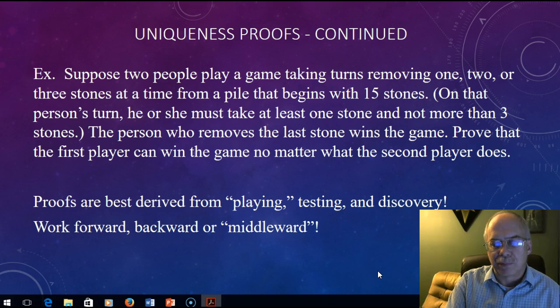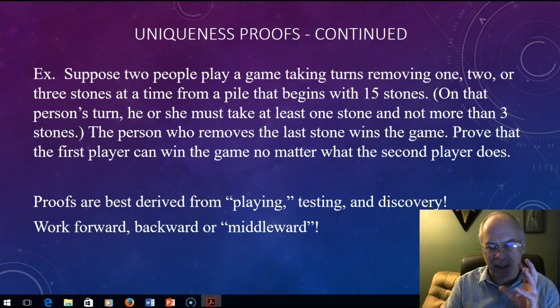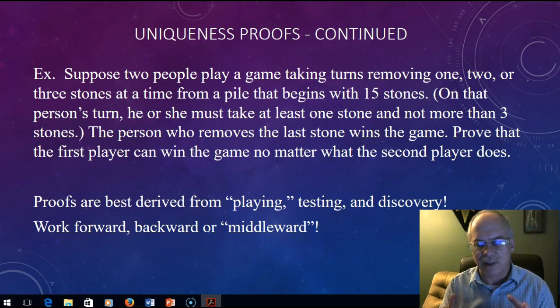Now, proofs are a multifaceted skill. It's called a heuristic skill, and you can just play around with it. You don't have to think, oh, I'm not getting it and I'm frustrated. Well, just play around with them and try to make headway, testing and just trying to discover a method.